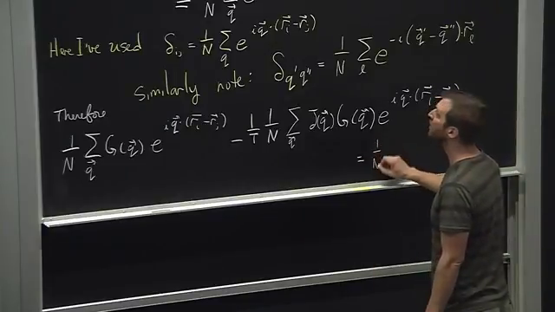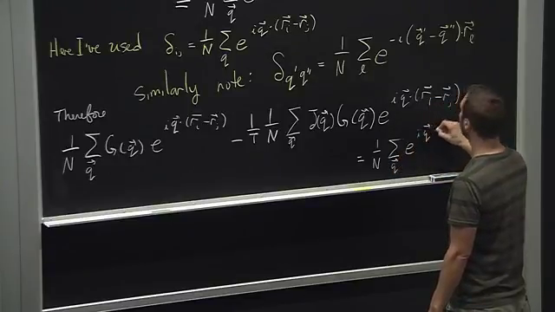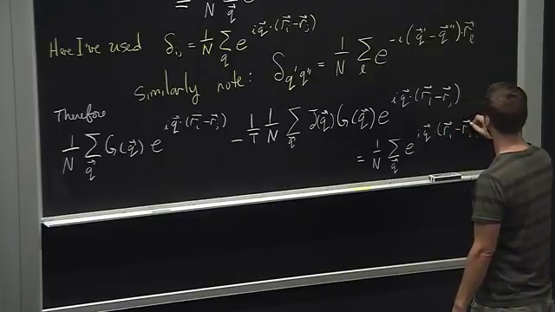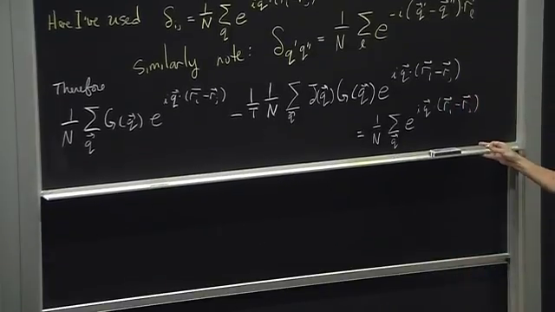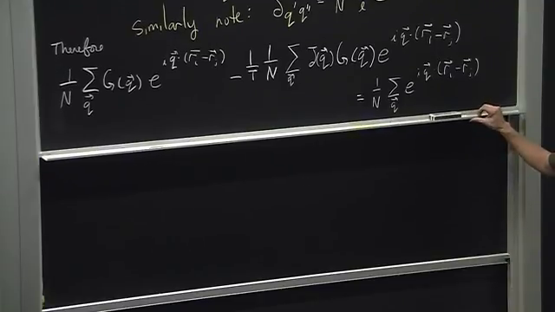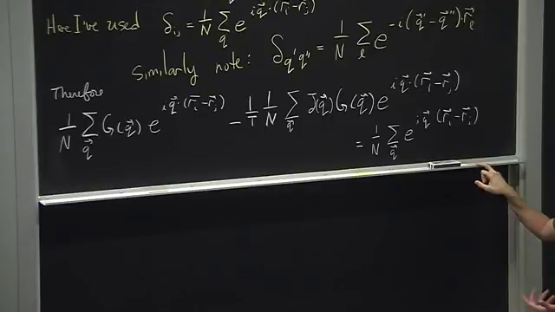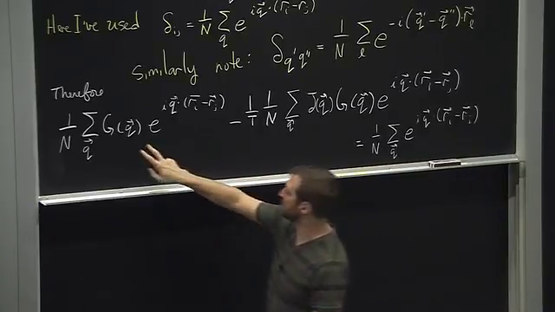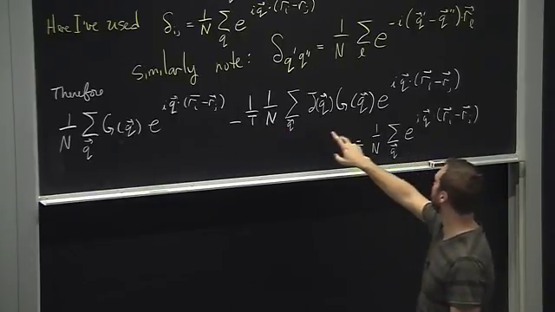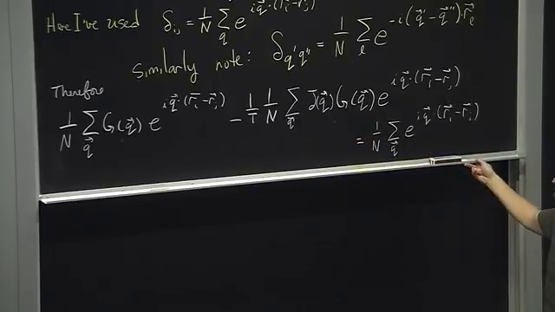So, right? Now what do we do? Just equate all the terms inside those sums. Okay, so it means this thing is equal to 1 over t, like this thing, right, is equal to 1.